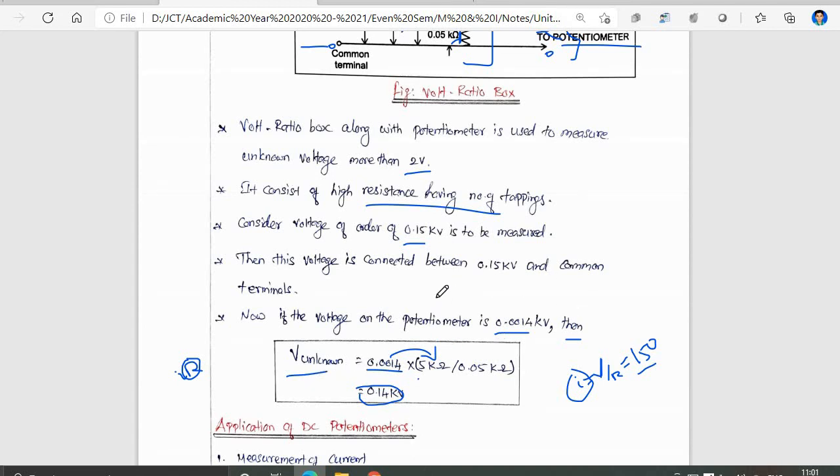Just try the formula. If you do not get the answer, tell me what answer you get. Okay, next class.